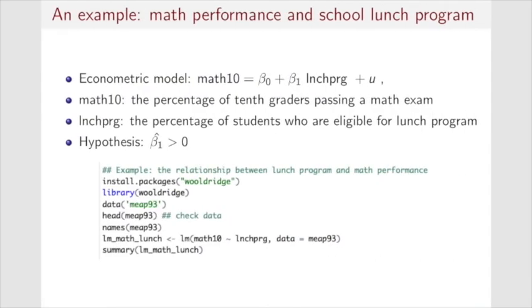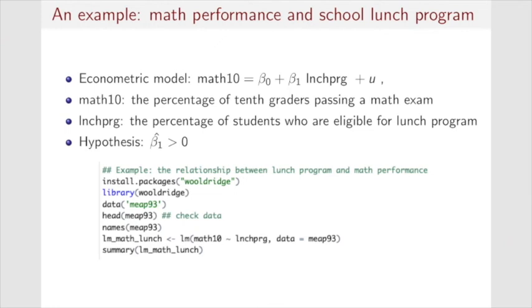So here is a real-world example showing that if zero conditional mean fails, we may have suspicious regression results. Suppose the econometric model is to study the relationship between math performance and the school lunch program. The dependent variable math10 is the percentage of 10th graders passing a standardized math exam for each school.